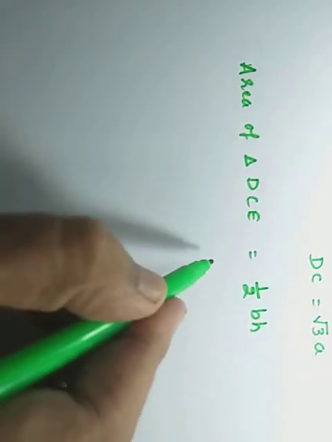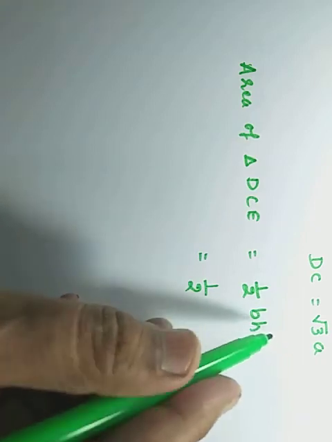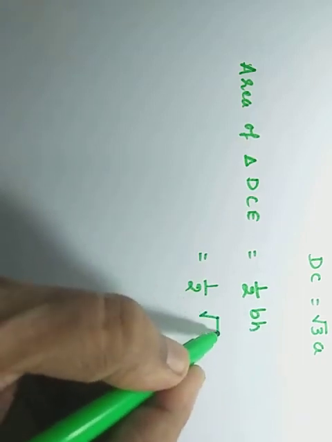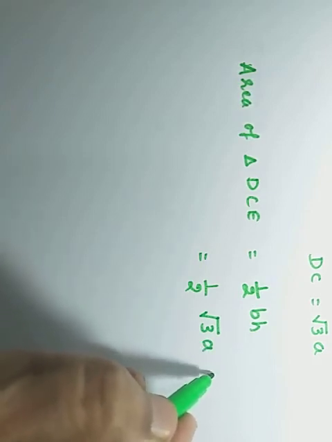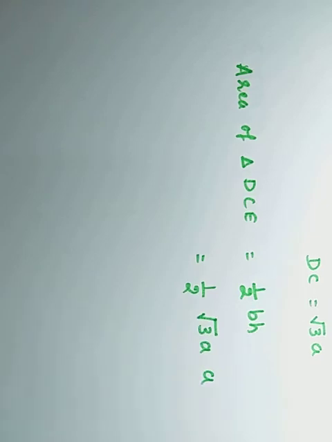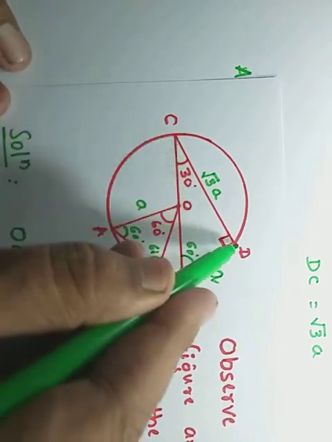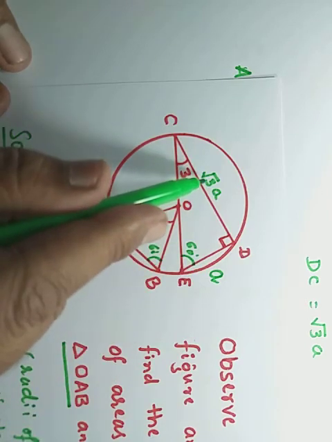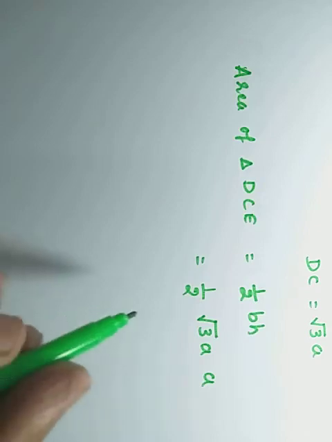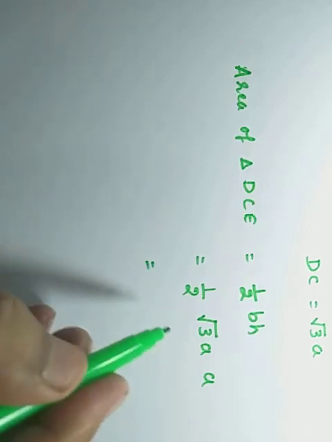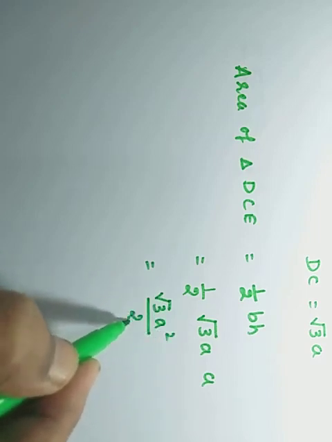Base we have received to be root 3a and height is nothing but a. I once again show you the figure to identify these things. This is base and this is height. This is equal to root 3 a square by 2.